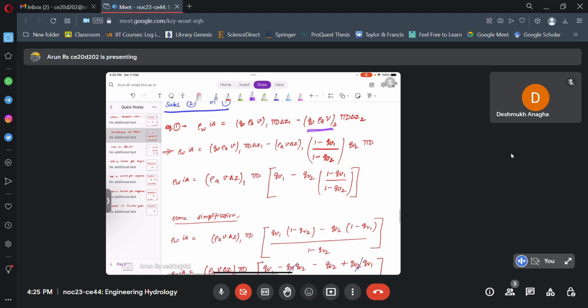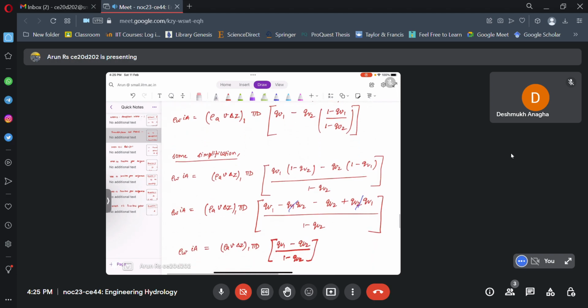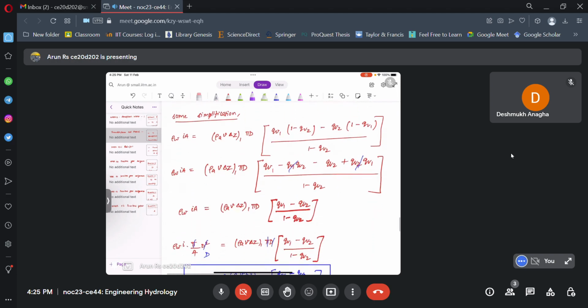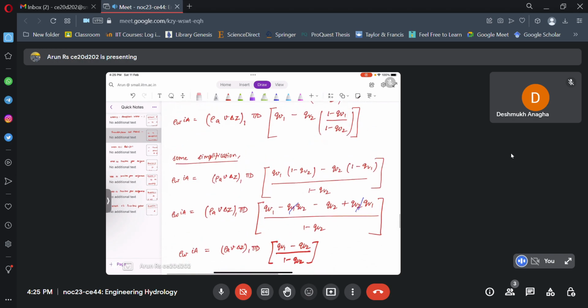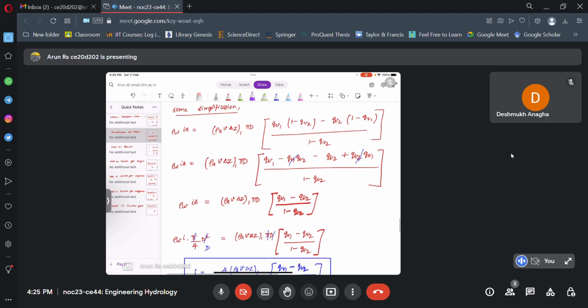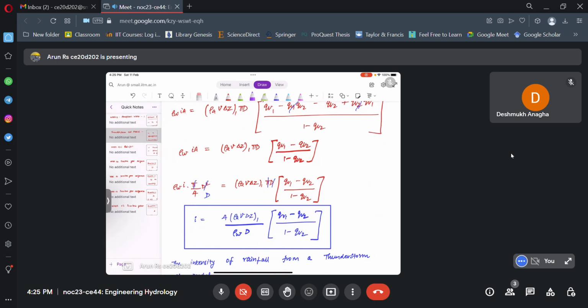Upon simplification, here we are just taking LCM and simplifying it, and if we simplify we will arrive at this particular expression.